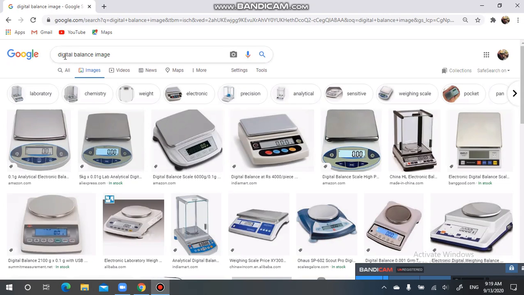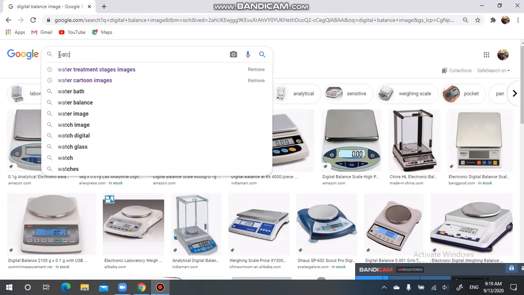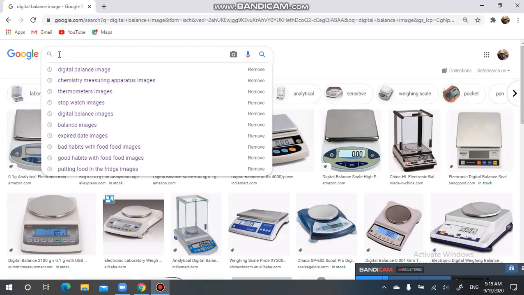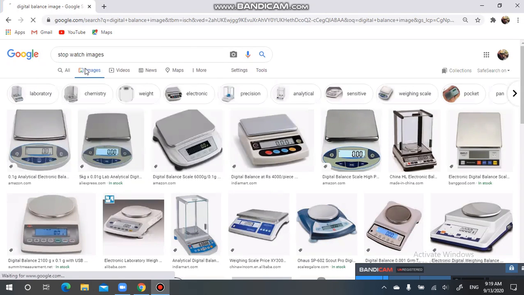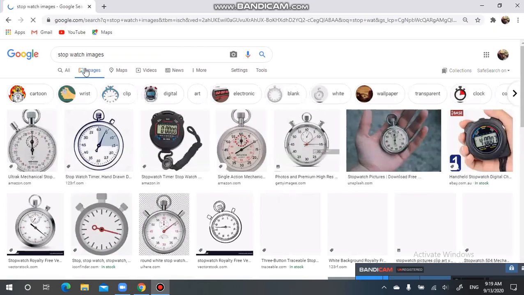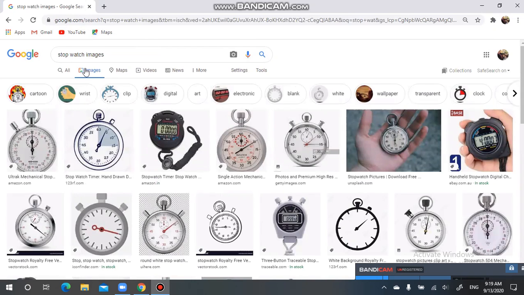The second unit that we will talk about is time. To measure the time, we use a stopwatch. We use a stopwatch to measure the speed of the reaction or the time of the reaction.